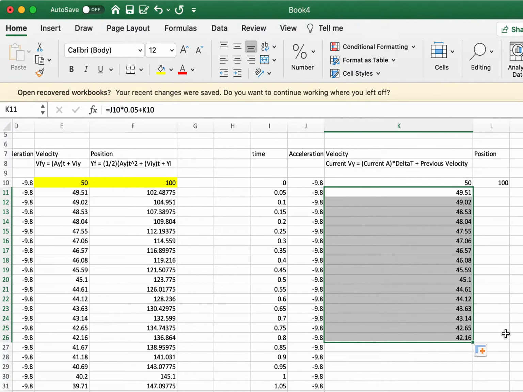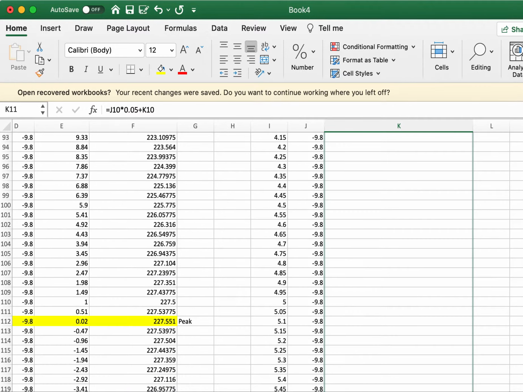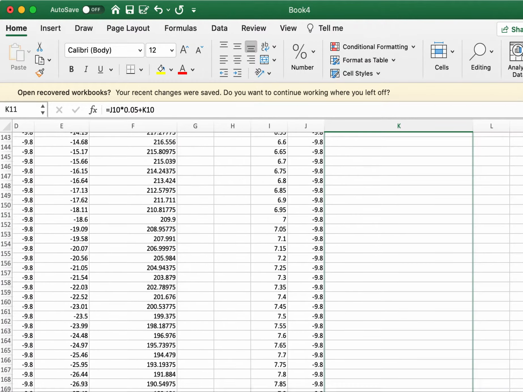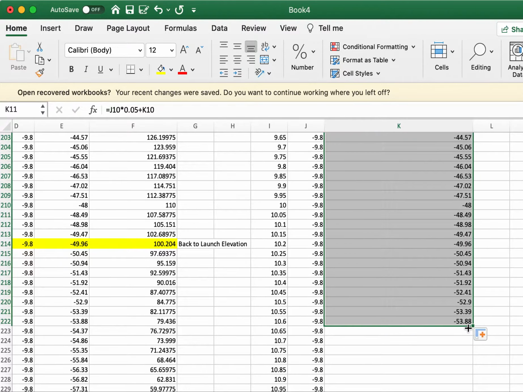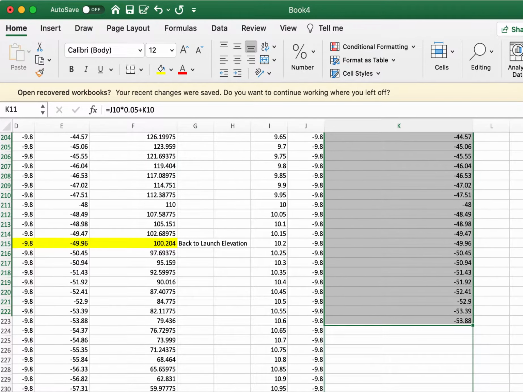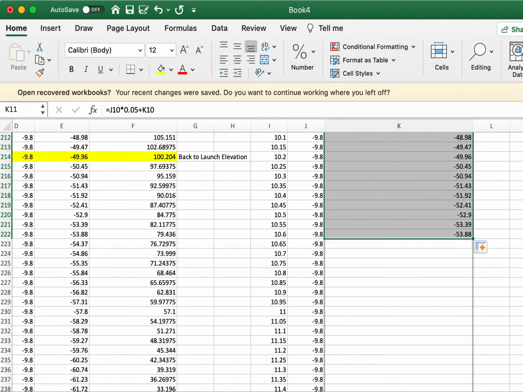All right, so those are the velocities. Let's drag that down and see if there's similarity in the numbers. Yeah, they're so similar. Basically the same. All right.